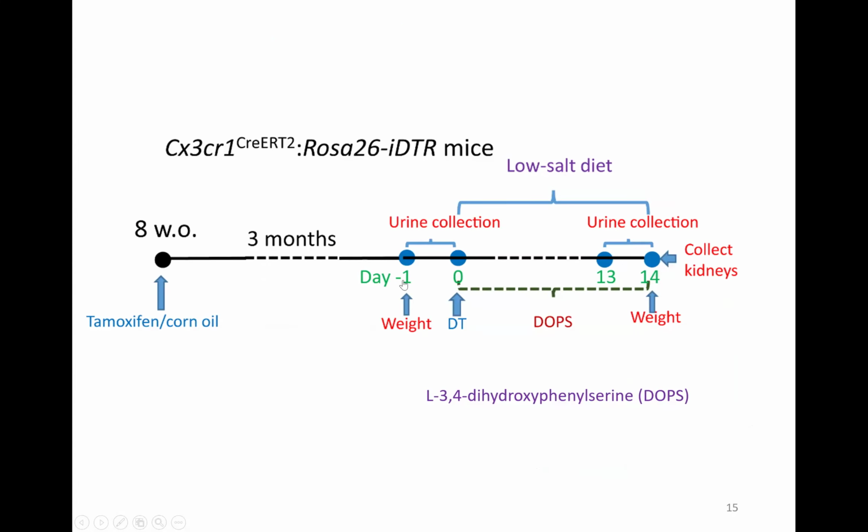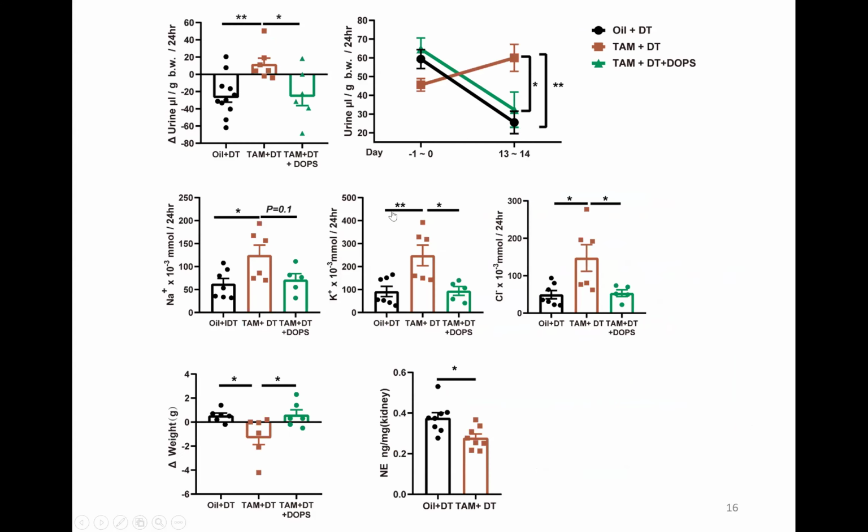Excessive salt excretion can be easily compensated by an increase of salt intake from food. We next put a low salt stress on the mice by giving them a low salt diet. Some of the mice were supplemented with DOPS, a reagent which could be converted to norepinephrine in vivo, as a rescue experiment. You can see that normal mice would reduce urine excretion during low salt diet to save the salts.